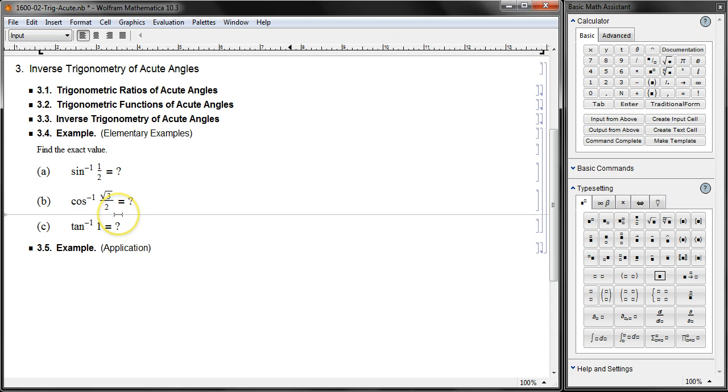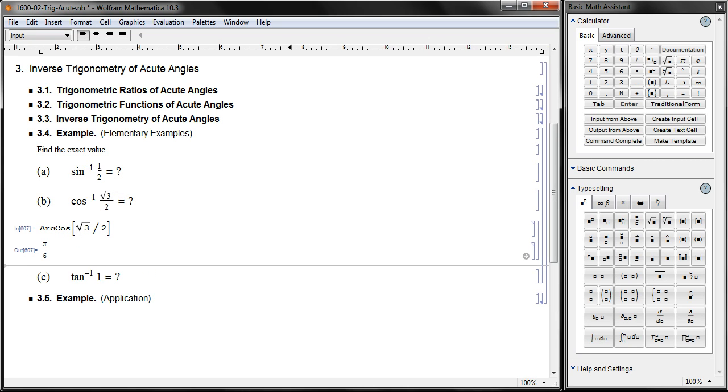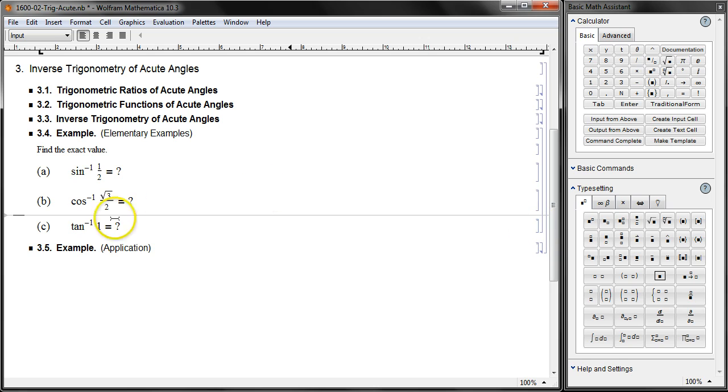How about arc cosine? Arc cosine of square root of 3 over 2. Run your calculator, it is pi over 6 precisely. Of course, there's a better method. Draw a picture. Draw the 1, square root of 3, 2 triangle appropriately, and then you can find the angle.